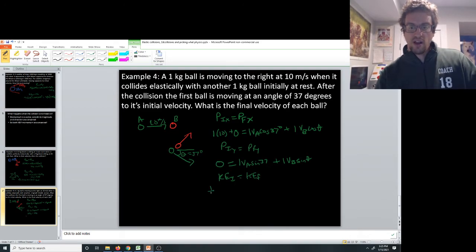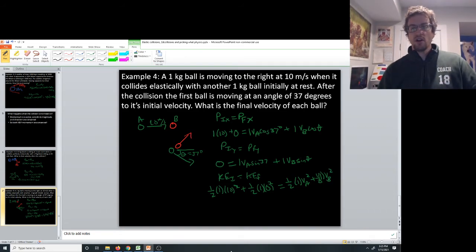So this is 1/2 times 1 times 10 squared plus 1/2 times 1 times 0 squared. That's equal to 1/2 1 VA squared plus 1/2 1 VB squared. Okay, 3 equations, 3 unknowns.